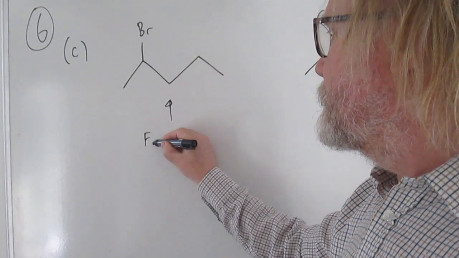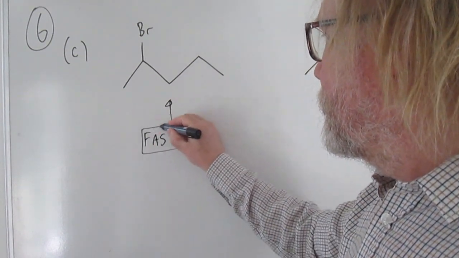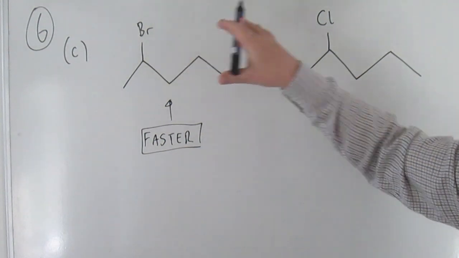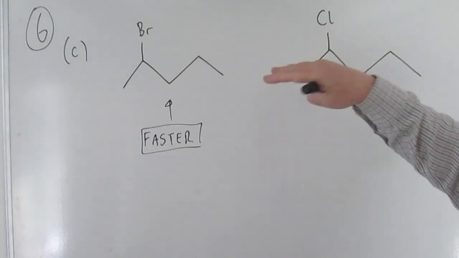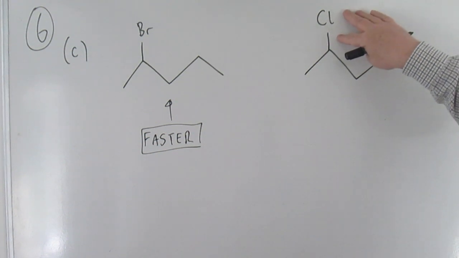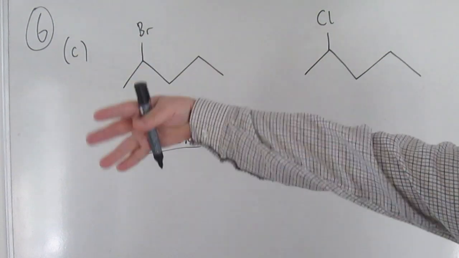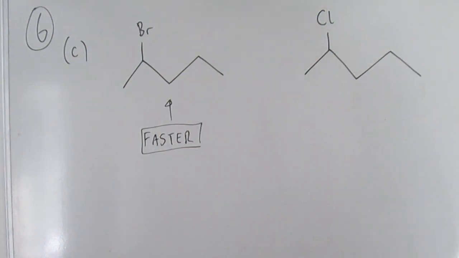Okay, so as you go down the group 7 elements, in this context, in a haloalkane, the reactivity increases. So chloroalkanes react quite slowly in nucleophilic substitution, bromo ones are faster, iodo ones are faster still.